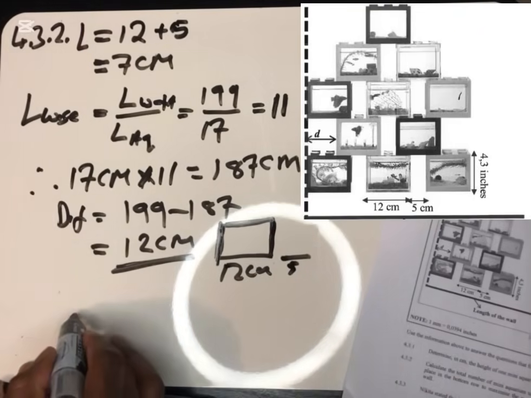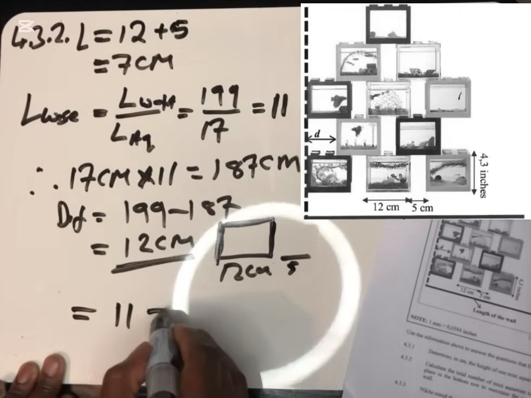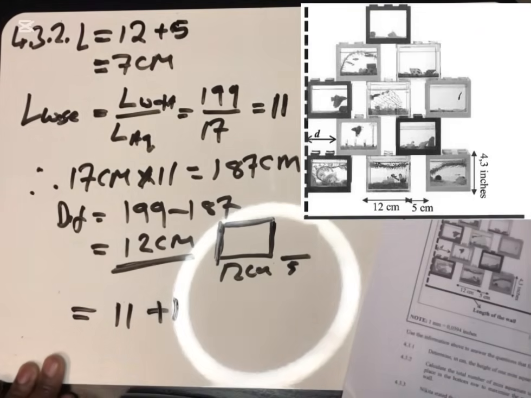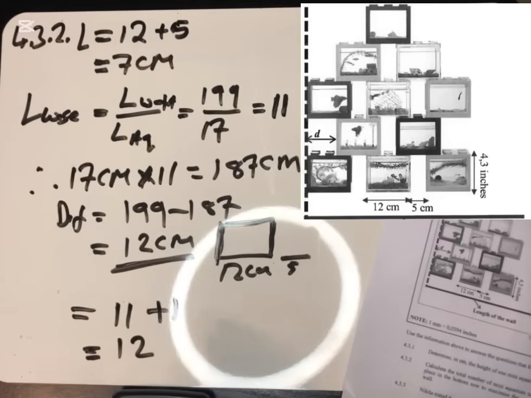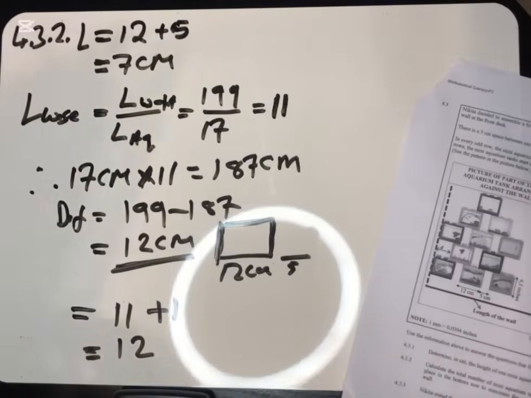So within the remaining space we can also add 1 more. So 12 of them will be able to fit. This is how we answer that question.